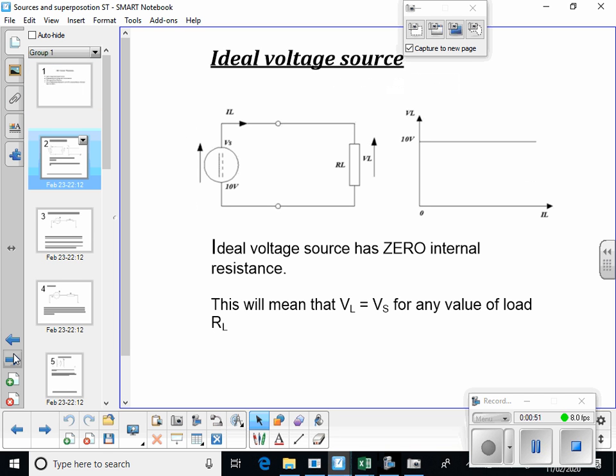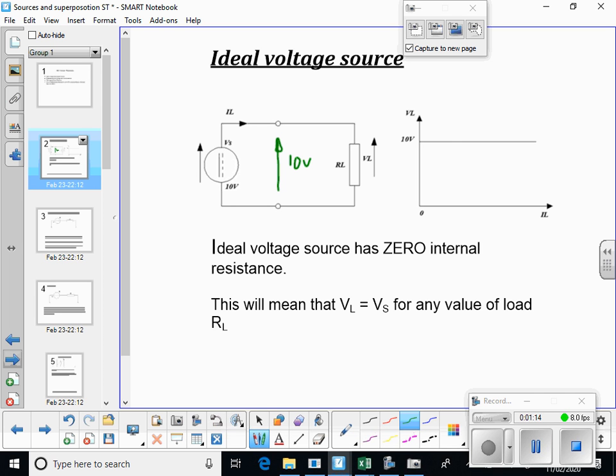I think you've probably seen this before. An ideal voltage source would be one that, regardless of the load current IL we put on it, we'd always get 10 volts at the terminals. We'd always see 10 volts there if that voltage source was ideal.